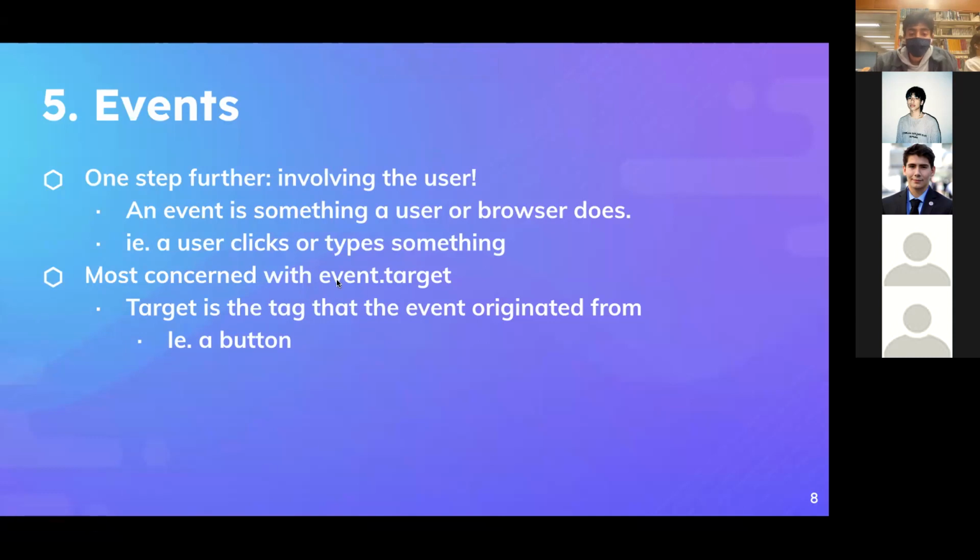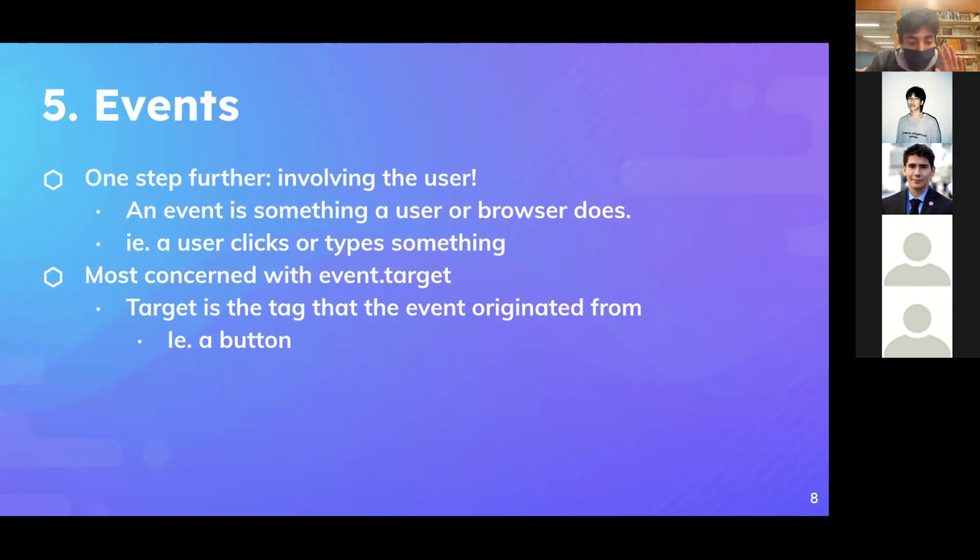The primary one is here on this slide, event.target. Event.target is basically, when an event is triggered, the address of the node from which the event was triggered. So for example, if I click a button and it triggers an event, event.target is the button that was clicked.